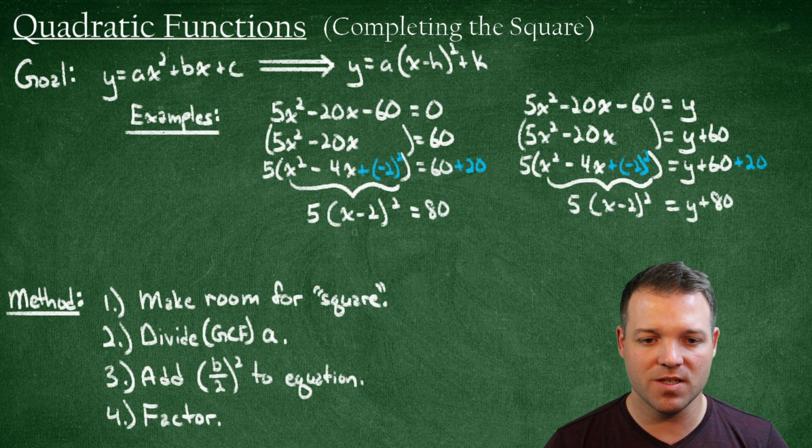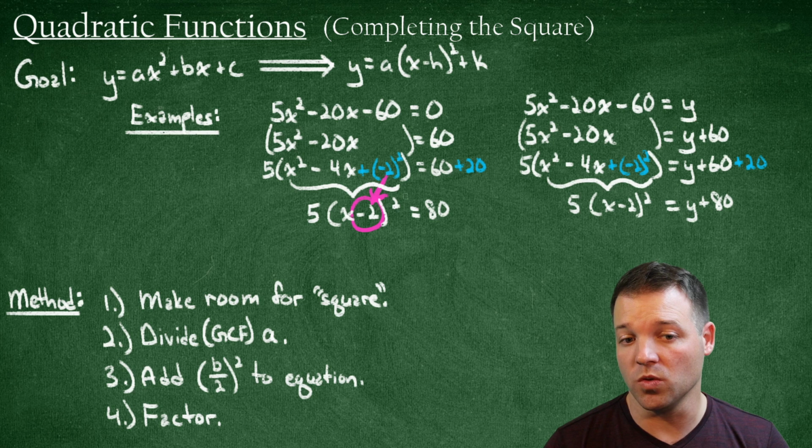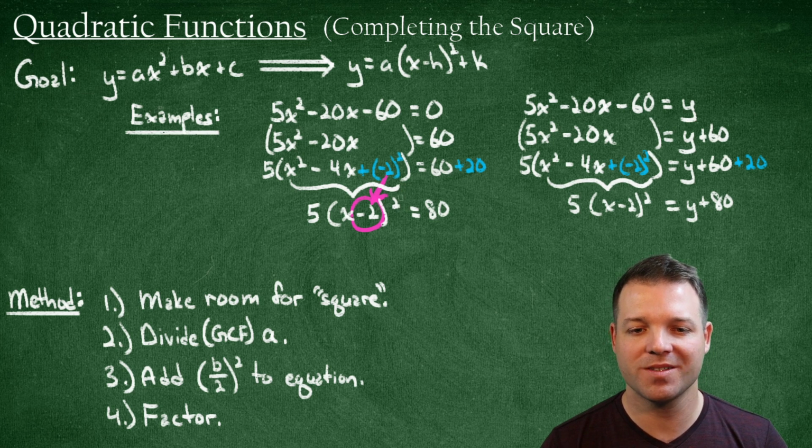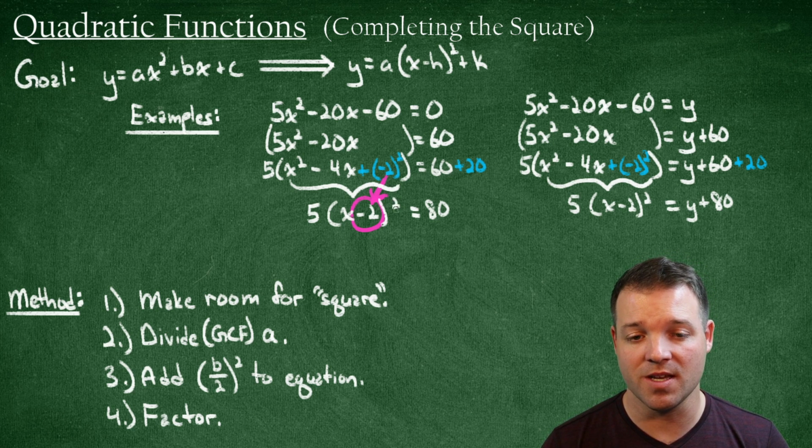So when I factor this, it is x minus 2 squared. And by the way, this minus 2 is always going to be the same as your b over 2. So that's why I prefer to leave it in that form, because then I just drop that b over 2 down, which in this case is a negative 2.